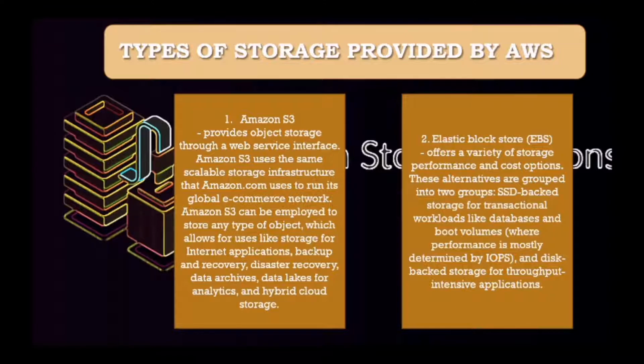These alternatives are grouped into 2 groups: SSD-based storage for transactional workloads like databases and boot volumes, which means performance is mostly determined by IOPS, and HDD-based storage for throughput-intensive applications. That's some information and explanation of EBS.